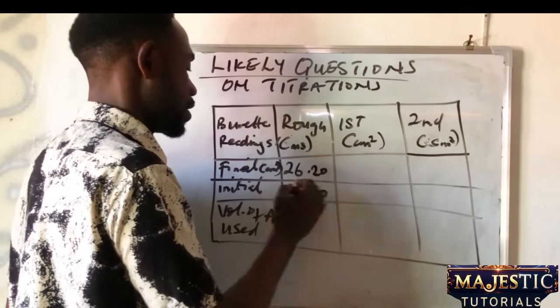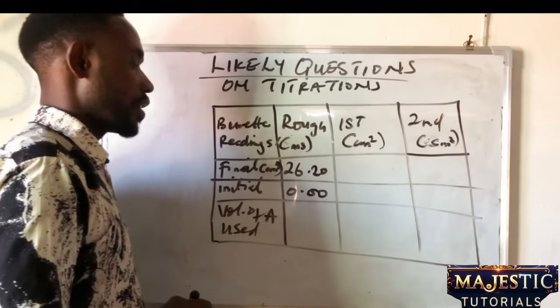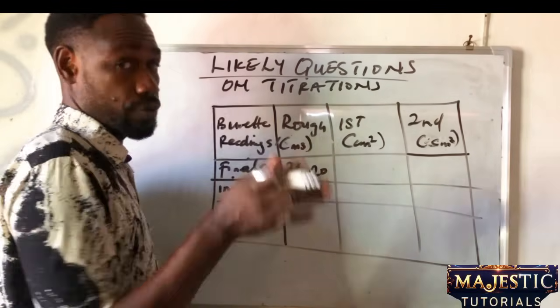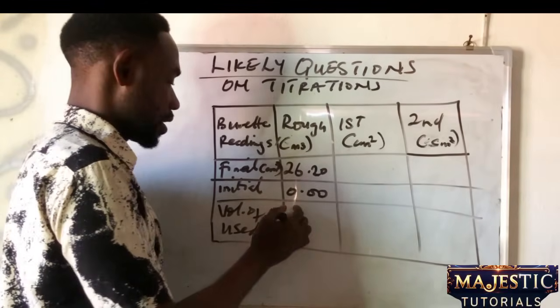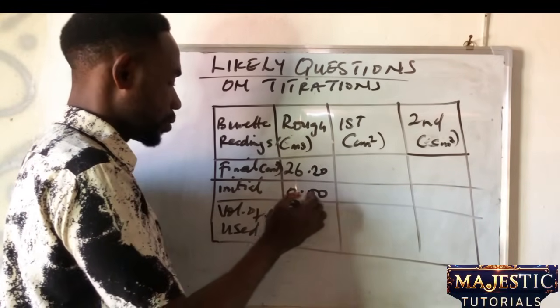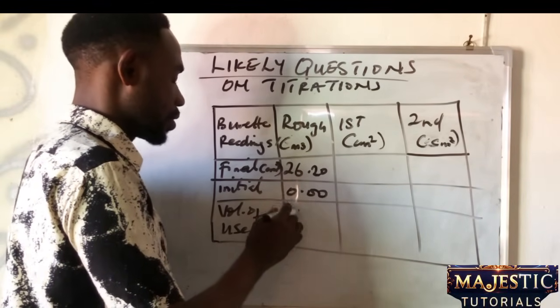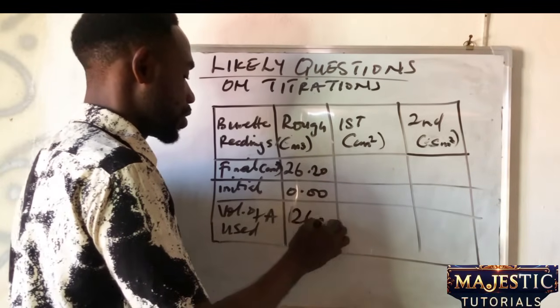Remember that the endpoint your school teacher arrives at after titration is what determines if you are right or wrong. Not this one I'm using here, for students anyway. So here 26.20 minus 0.00 will give us 26.20.